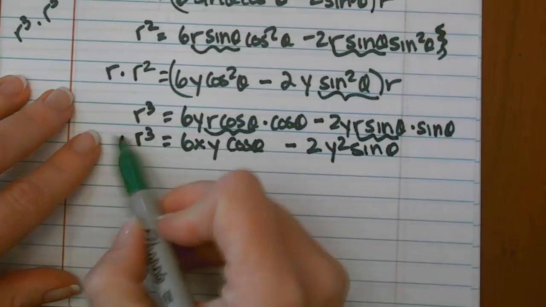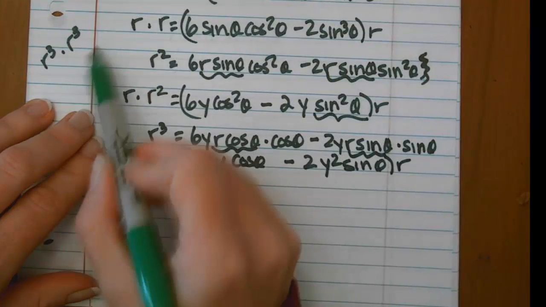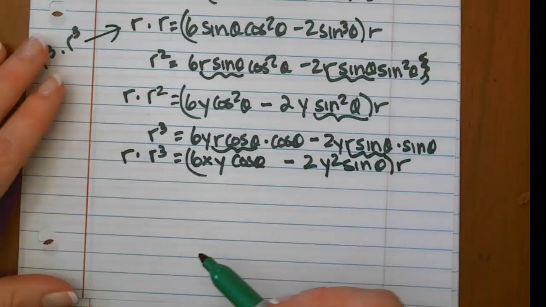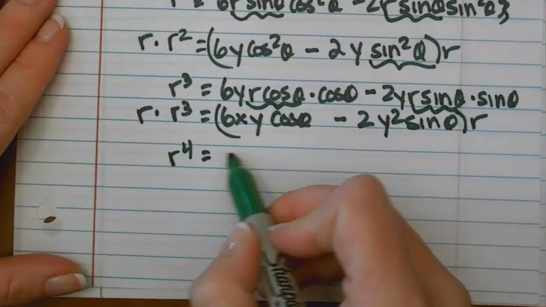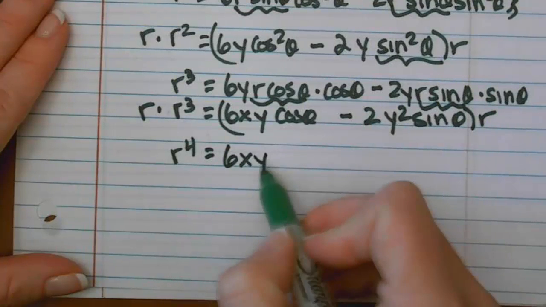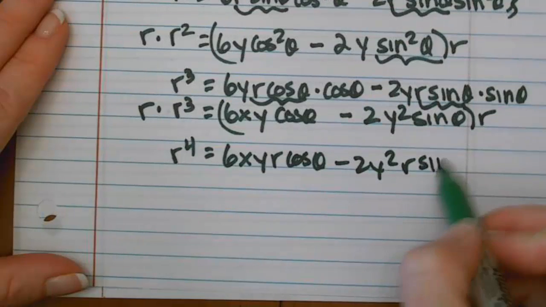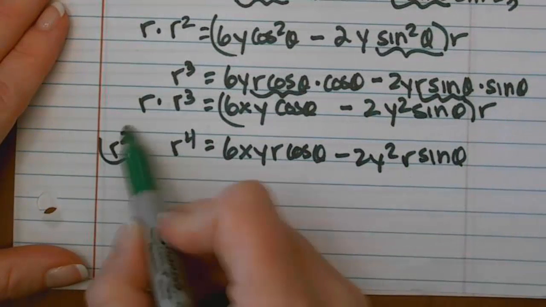And now I'm going to multiply both sides by r again. Again, at this step up here, you could have multiplied by r cubed on both sides and taken care of it a little bit quicker, but I just thought I would explain in case it wasn't intuitive. So I have r to the 4th is equal to 6xy r cosine theta minus 2y squared r sine theta. So r to the 4th, you can think of that as r squared squared.